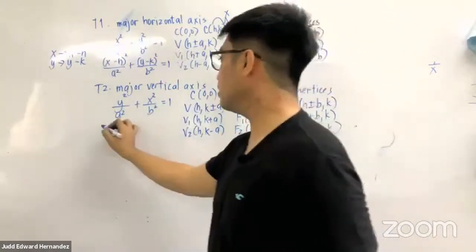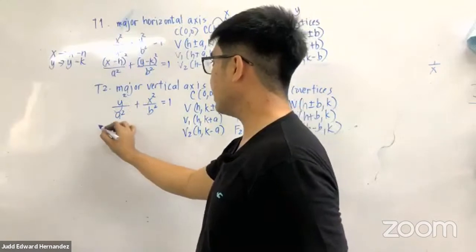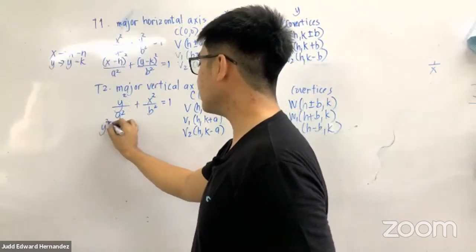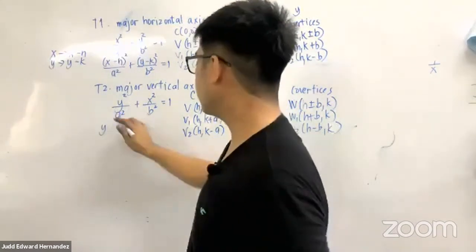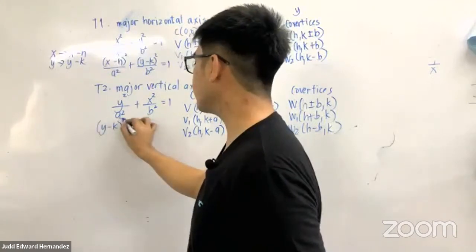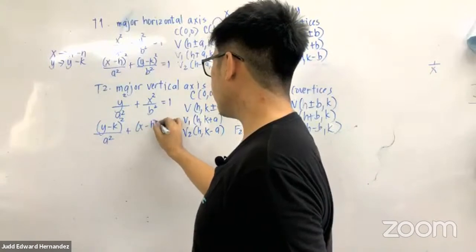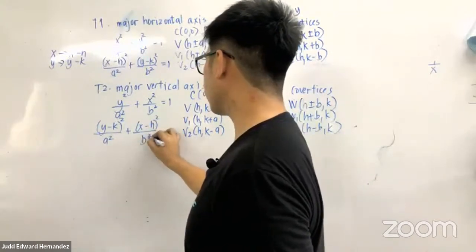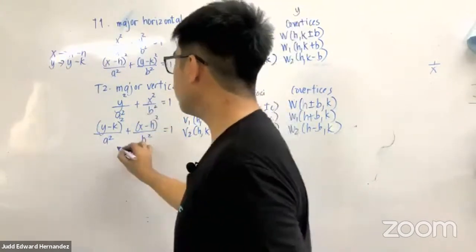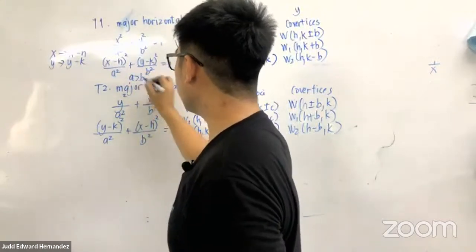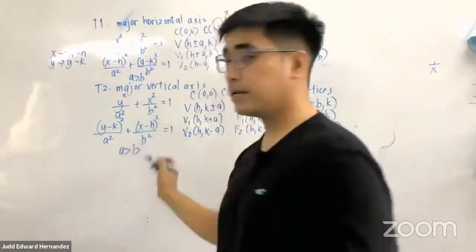And for the major vertical axis, we'll now be having Y minus K quantity squared over A squared plus X minus H quantity squared over B squared is equal to 1. Always remember that A is greater than B.